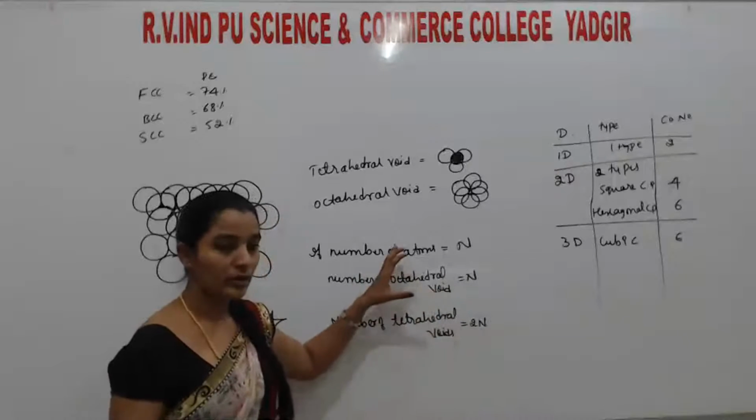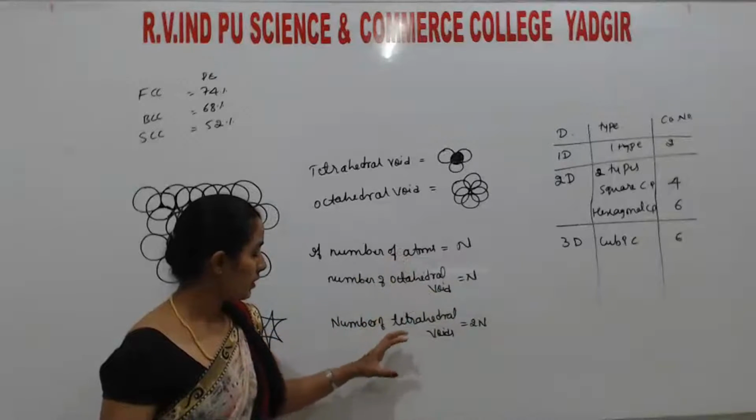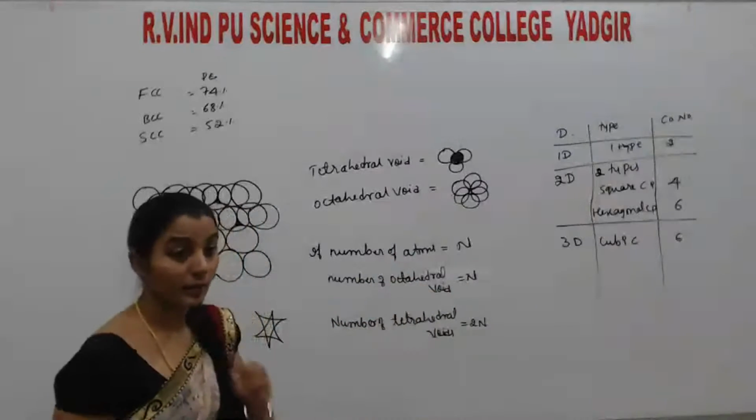Later I will write what this N and 2N, octahedral void and tetrahedral void mean.